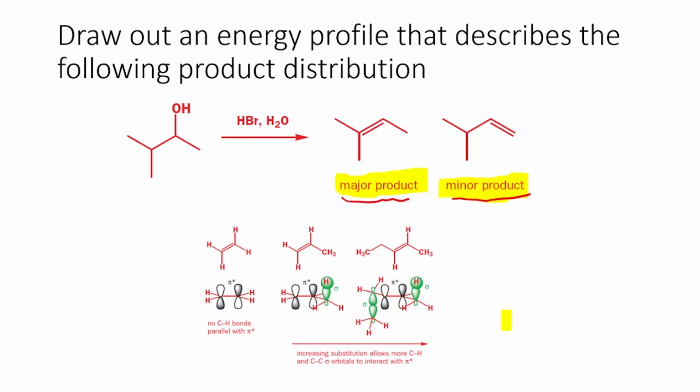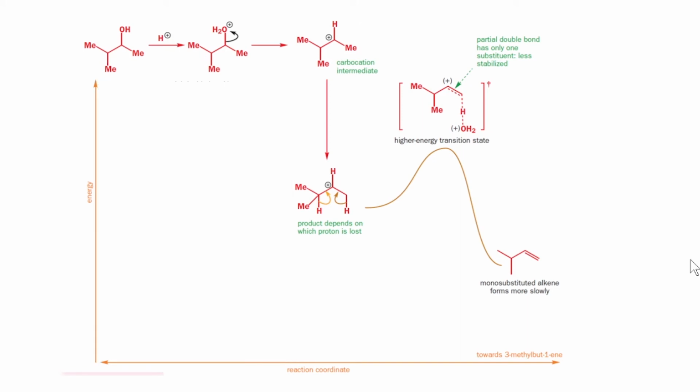Okay, so when you have a choice of forming the more substituted olefin versus the less substituted olefin, if the stability of the product is important, then you end up having the more substituted olefin as the product. Now let's look at the energy profile.